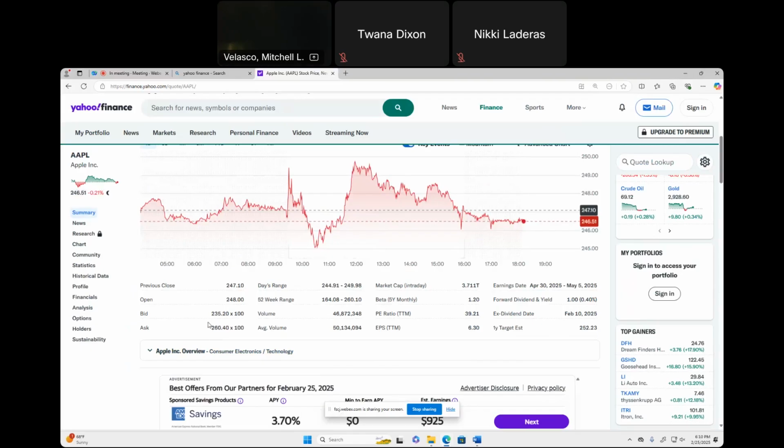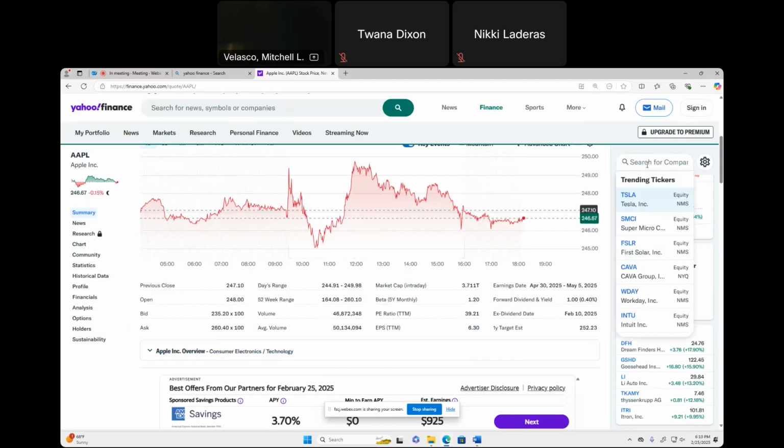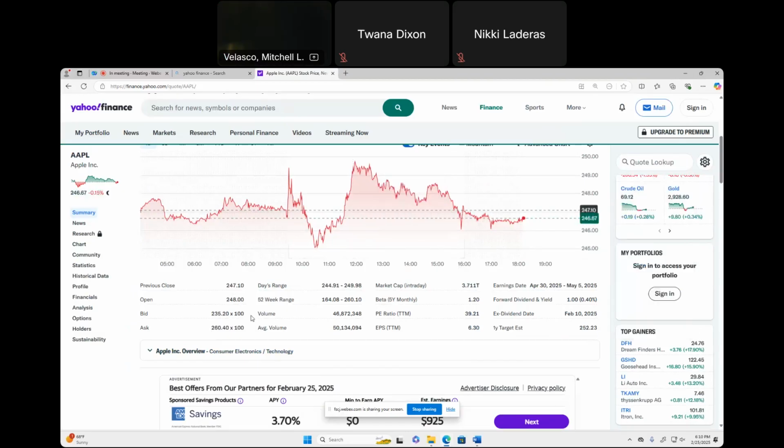Of course, this is kind of skewed since it's after hours, but let's do the close and the open. Let's see if I can look for a good example. Well, Apple should be a good example. During the day, the bid and the ask had about a $1 difference, similar to this close and open, $247, $248.